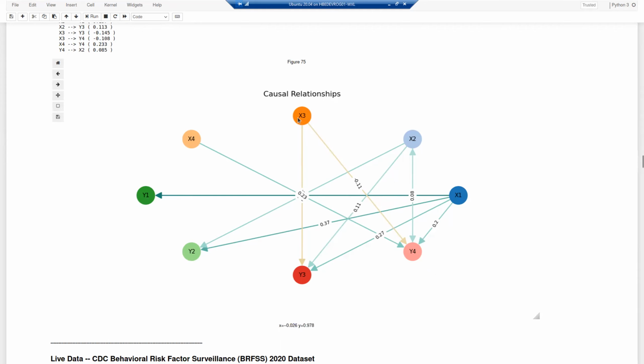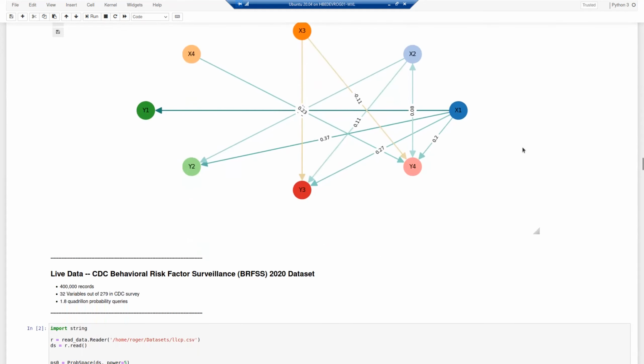So x3, for example, suppresses y3 and y4. And the numbers there are the actual causal effects. Those are the strengths of the causal effect between these variables after peeling back all the layers of interaction around them. So this is with the synthetic data.